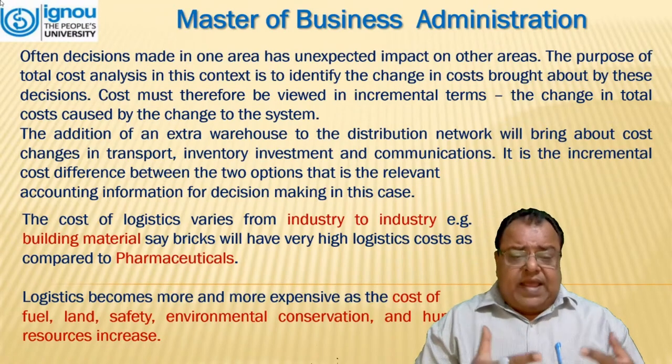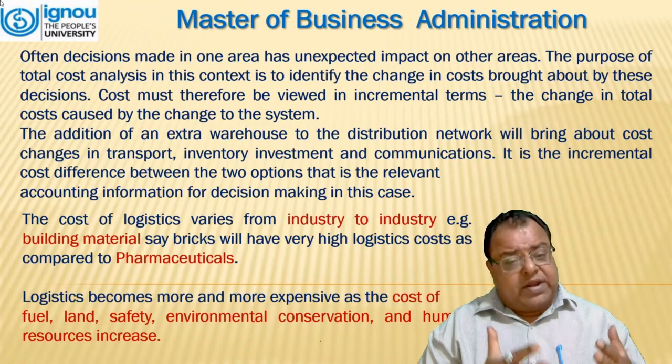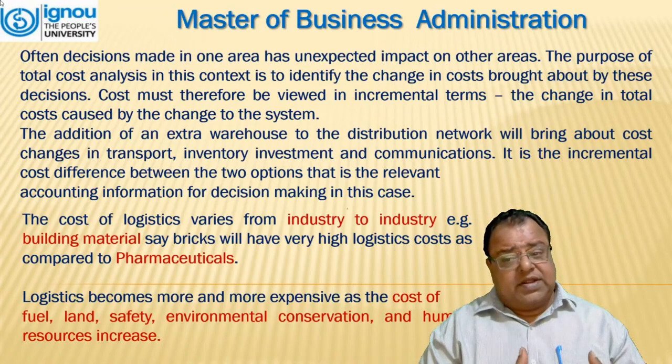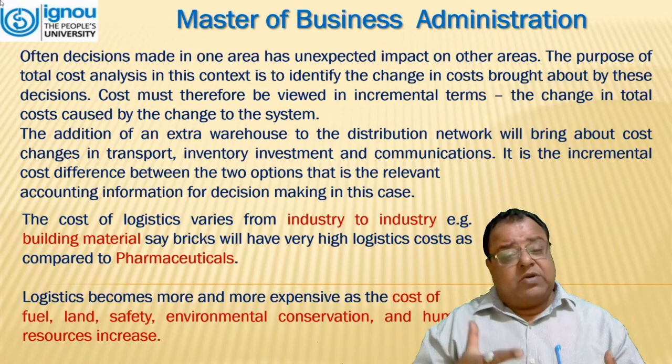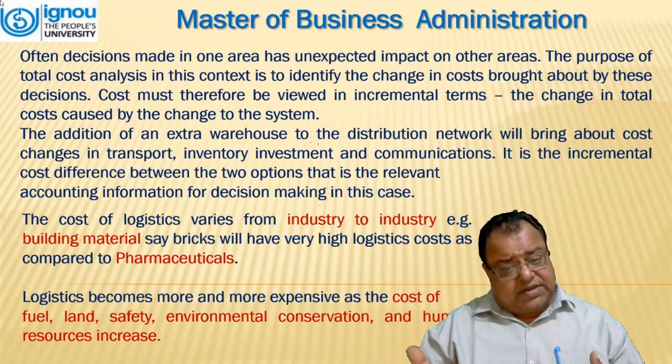The addition of an extra warehouse to the distribution network will bring about cost changes in transport, inventory investment, and communications. It is the incremental cost difference between the 2 points that is the relevant accounting information for decision making in this case.